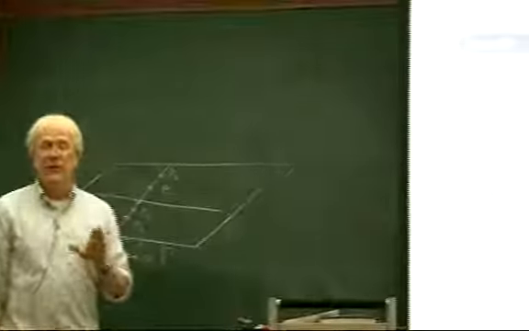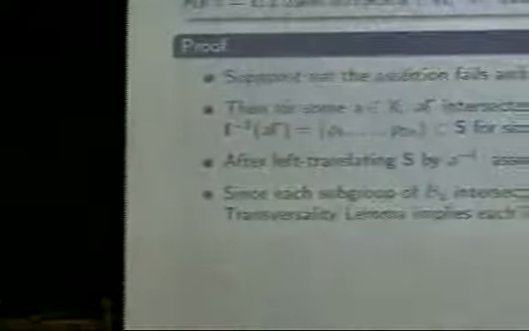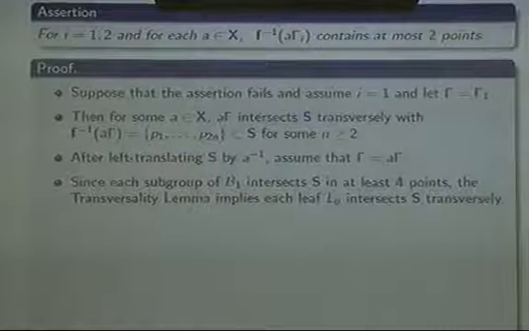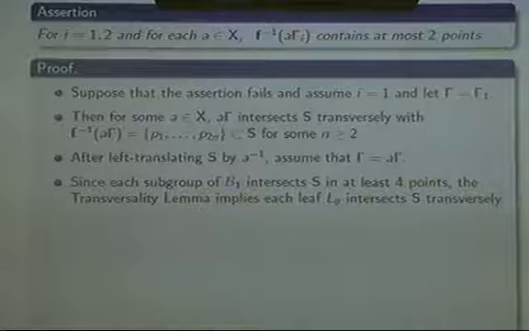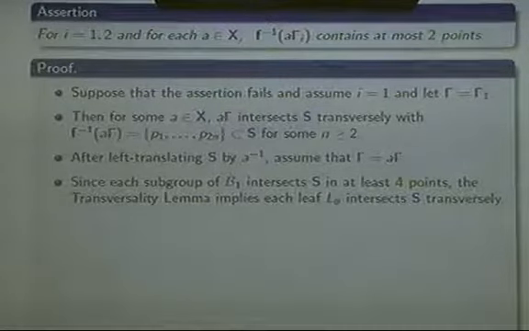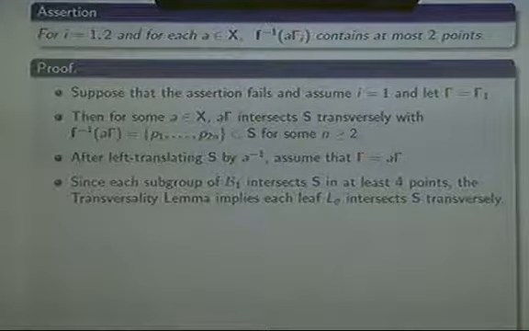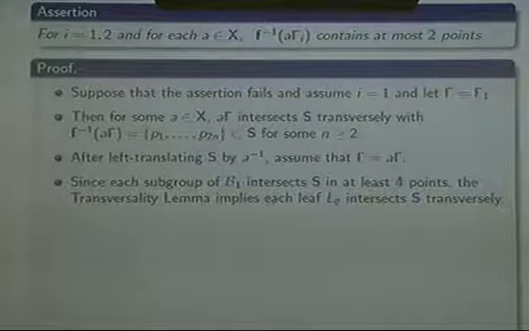But remember the transversality lemma. The transversality lemma said that if a subgroup intersects in more than 1 point, it intersects the sphere transversely. So, for example, the xy plane intersects the surface in an immersed curve, right? So if we intersect in at least 4 points, we intersect transversely in a curve.